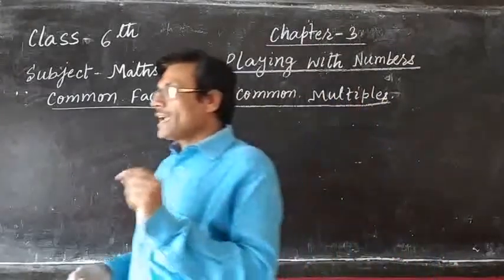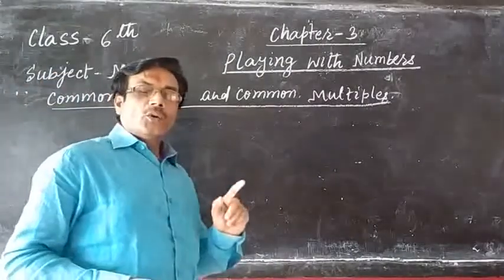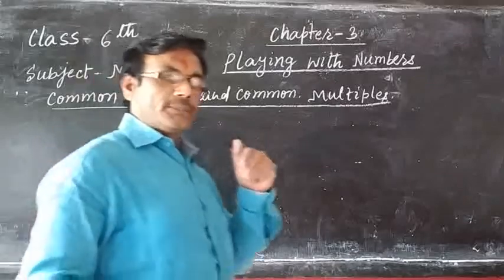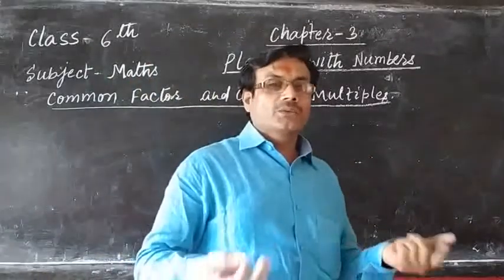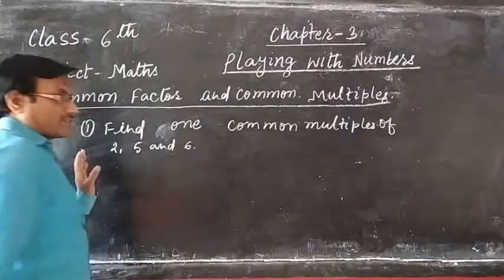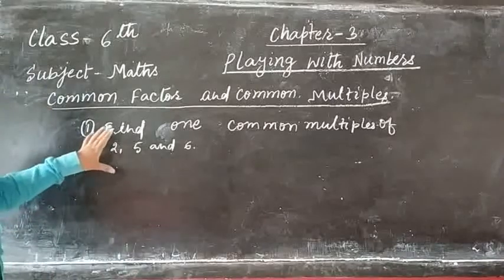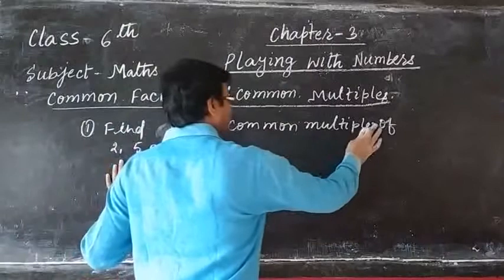So we have to make a limitation to find common multiples. 2 common multiples, 3 common multiples, 4 common multiples, whatever the requirement, we have to do the process as given here. Students, I have one question: to find one common multiple of 2, 5 and 6.